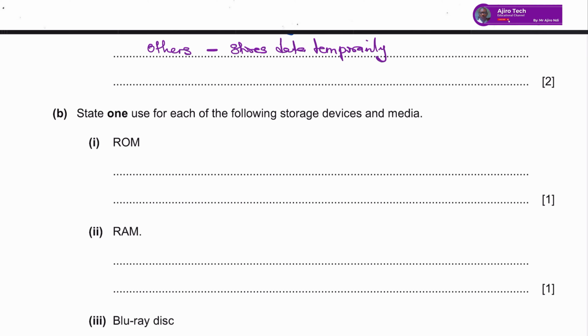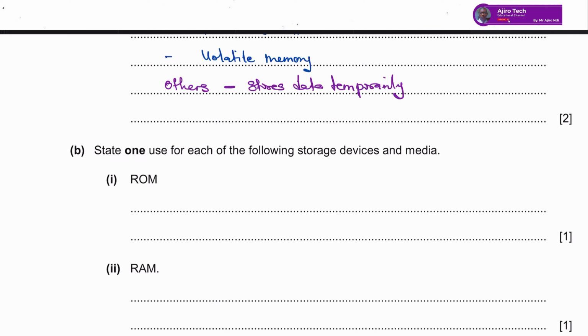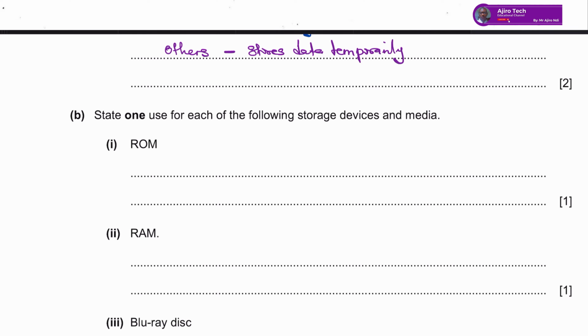State one use for each of the following storage devices and media. So we have ROM. Now this is a little bit of a twist, because this is chapter one. Let's look at the use.